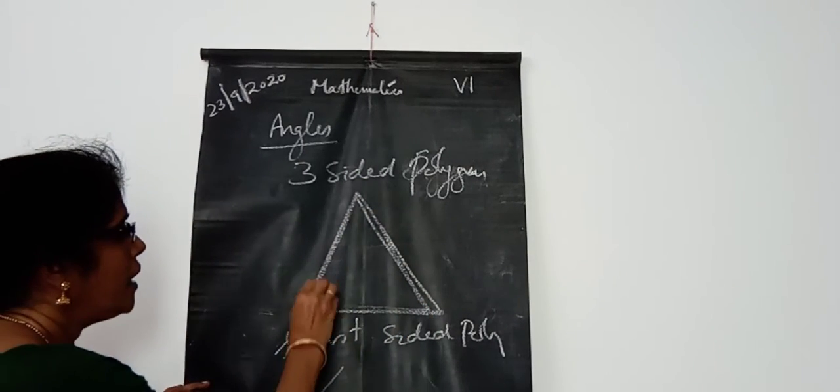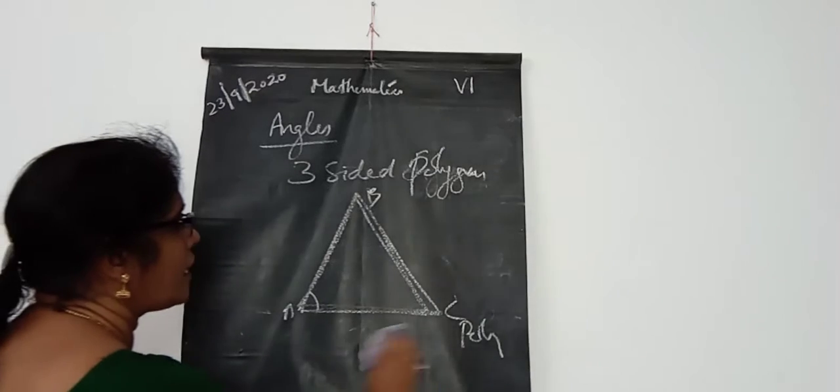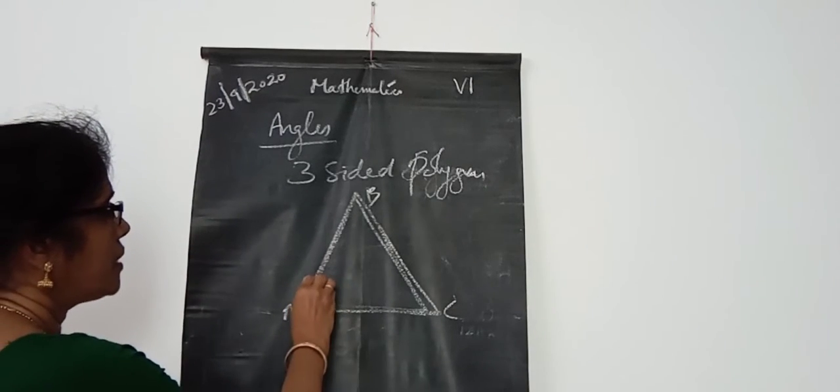And here also we can see the angles. If we take triangle ABC, what are the angles we will get from this figure?